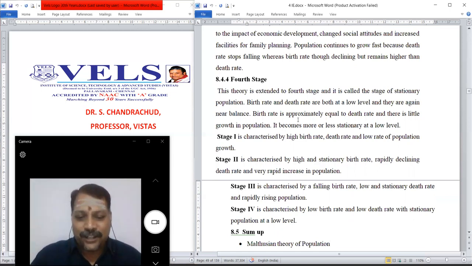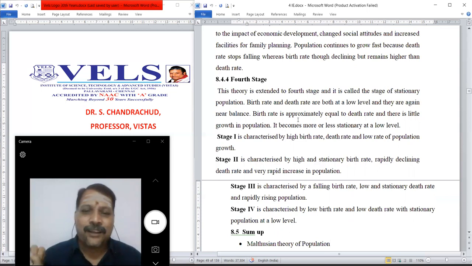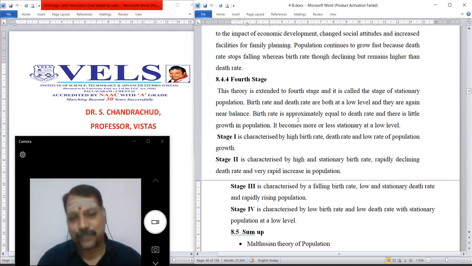So let me sum up these stages of population. In the first stage, high birth rate and death rate and a lower rate of population growth. In stage 2, high and stationary birth rate, rapidly declining death rate, and very rapidly increasing population.